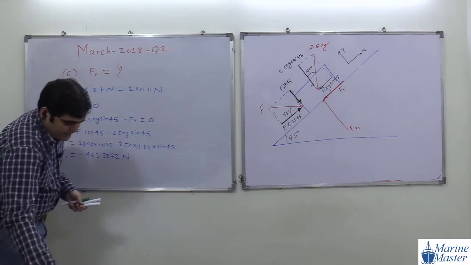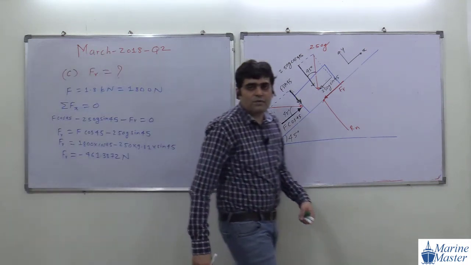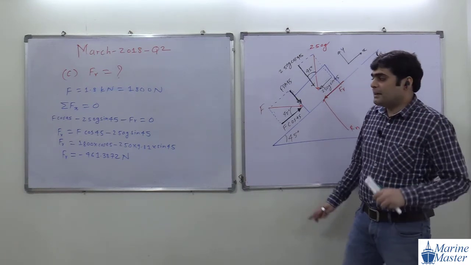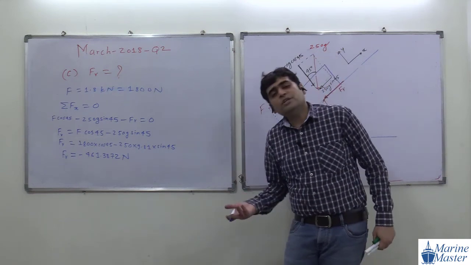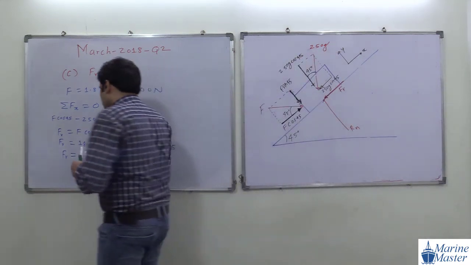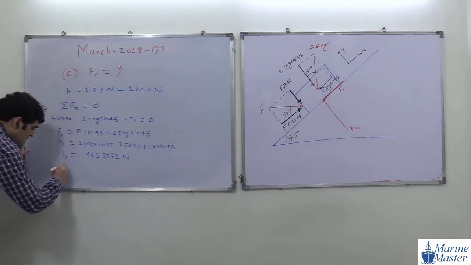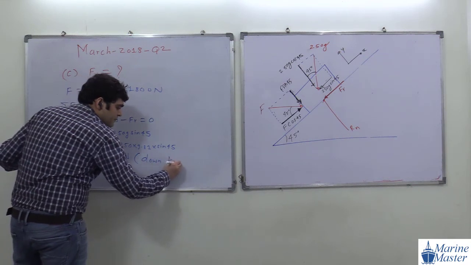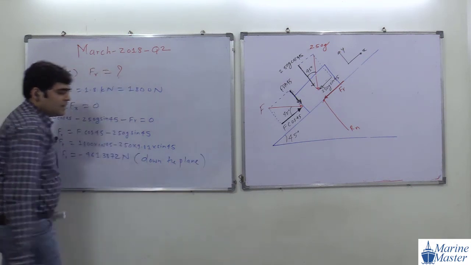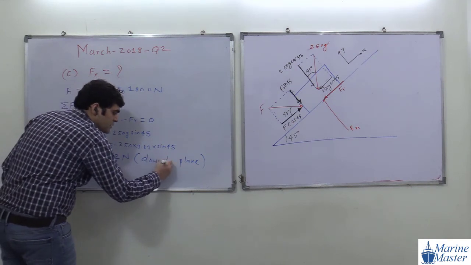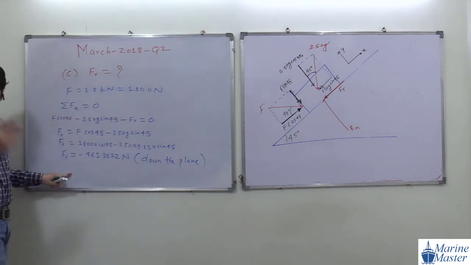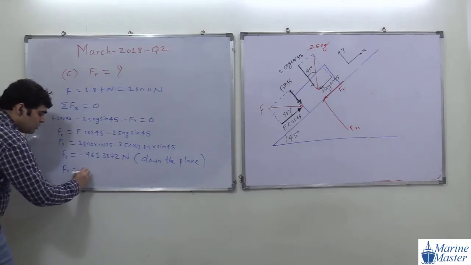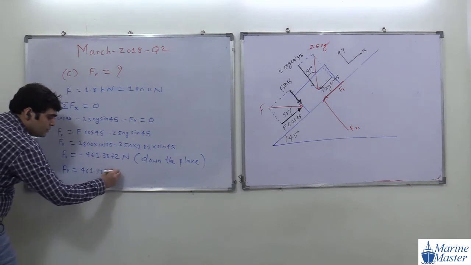Our assumption was that Fr is down the plane, but our assumption was wrong. So actually Fr is a positive value of 461.3872 Newton.